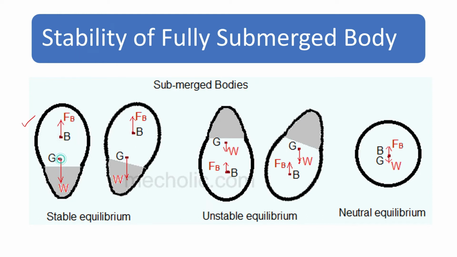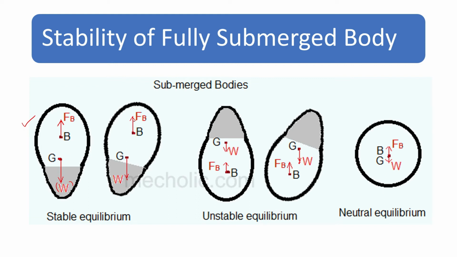The weight W is acting downward at the center of gravity, and at B, the buoyant force is acting upward. Just like the earlier case, we are giving a tilt to this body. When it is given a tilt, the center of gravity will remain here and the center of buoyancy will shift rightward, somewhere here.